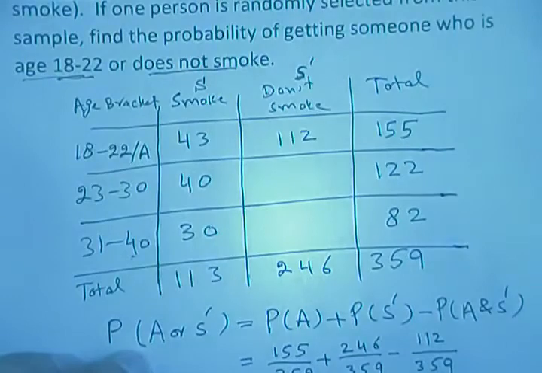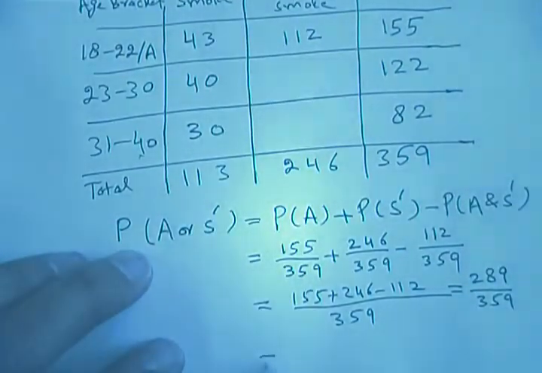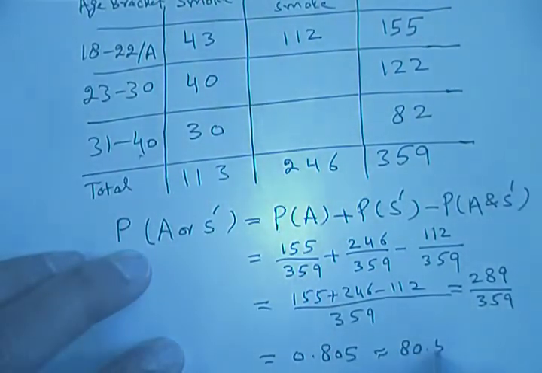So 289 out of 359, and if you change it to decimal, that would be equal to approximately 0.805. Or you can say approximately 80.5% if you change it to percent.